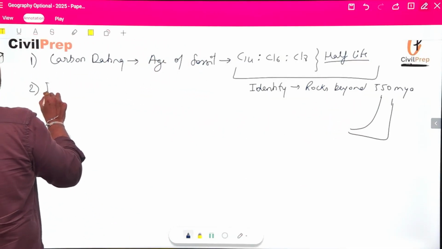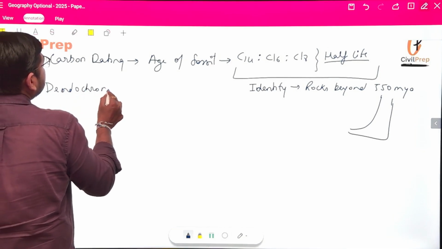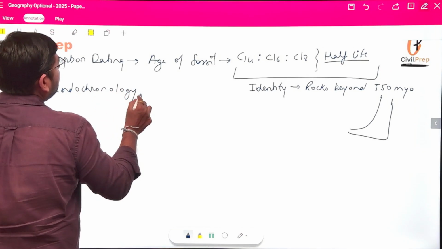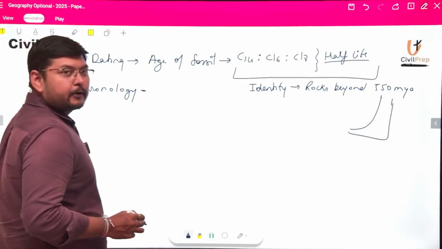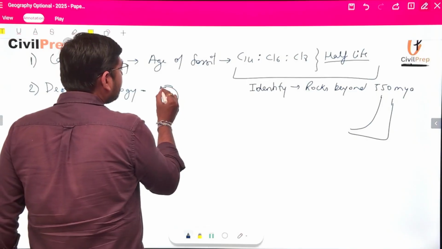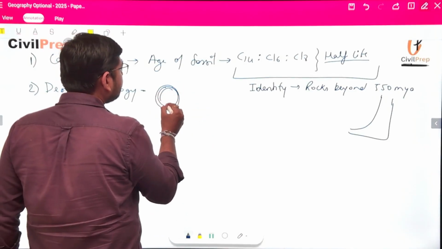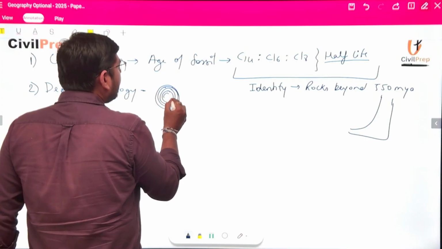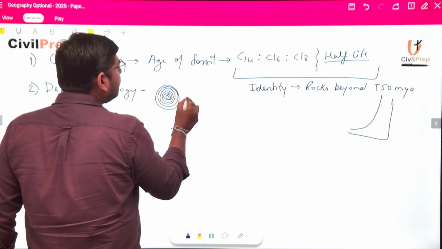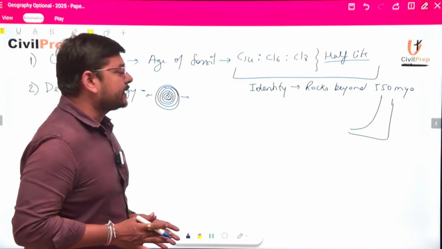Second is dendrochronology. For example, we might know that every year a single ring is added to the tree, and the tree's trunk is growing, expanding in its size. Okay?